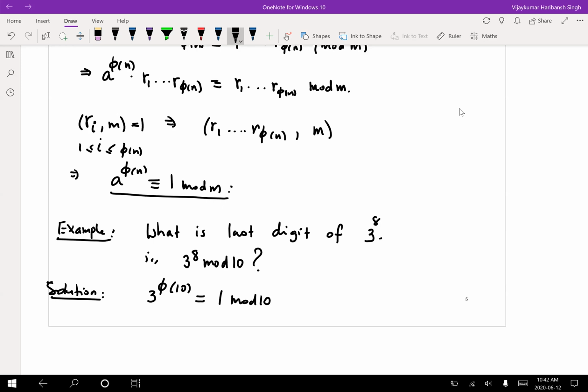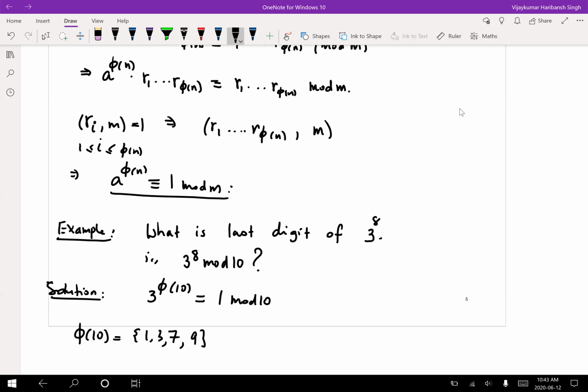Now we need to compute phi of 10. We need to come up with a nice formula for it, which we'll do soon. However, for now, let's just do it by enumeration. So 1 is there, 2 no, 3 is there, 4 no, 5 is not there, 6 no, 7 yes, 8 no, 9.